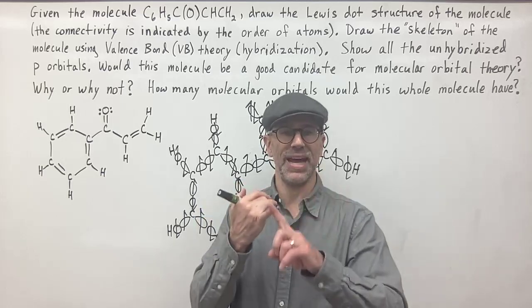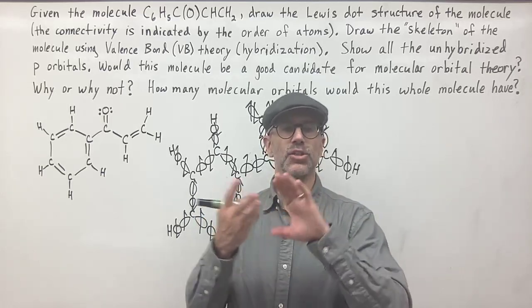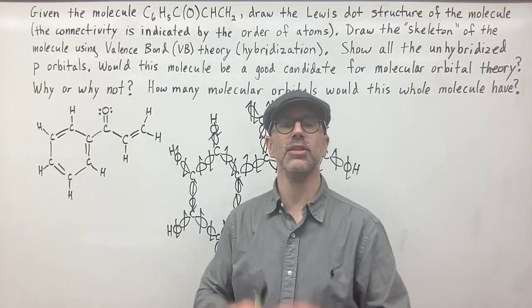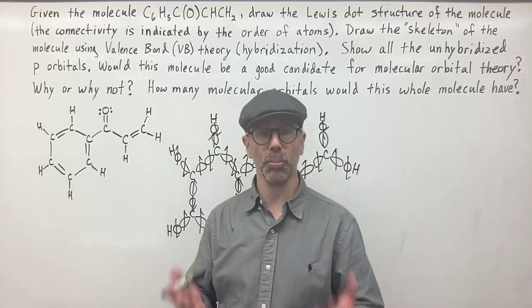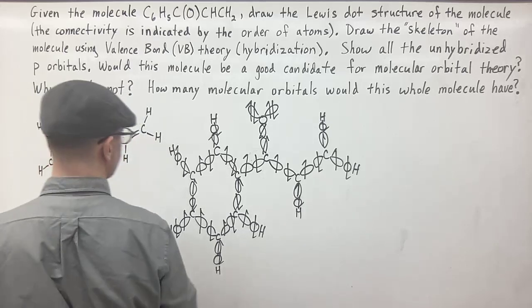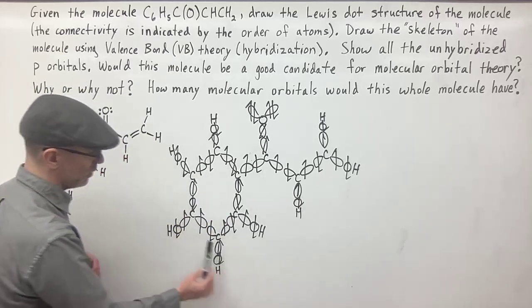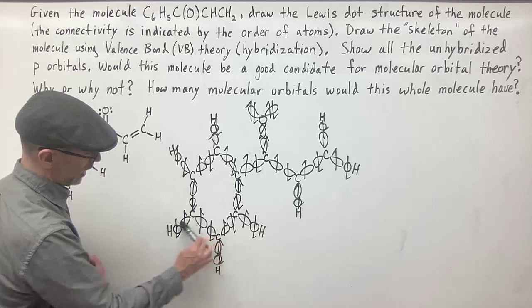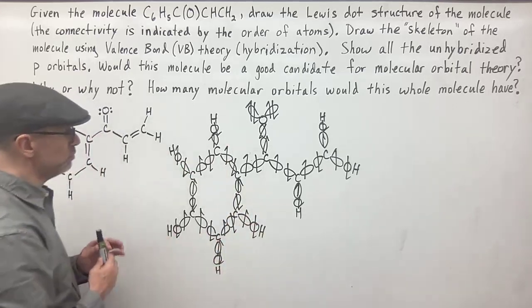So you're going to need an s, a p, and a p. So that's sp2 hybridized. Anything that's sp2 hybridized is going to be trigonal planar. So all of these are trigonal planar around the carbon. So you can kind of see the triangle, and they're all in the same plane.